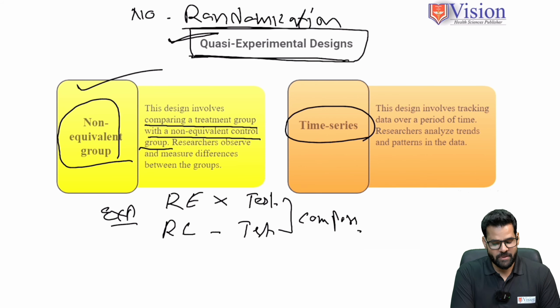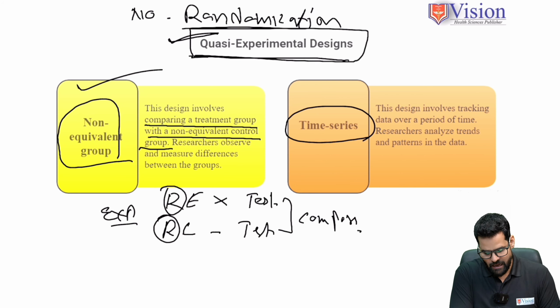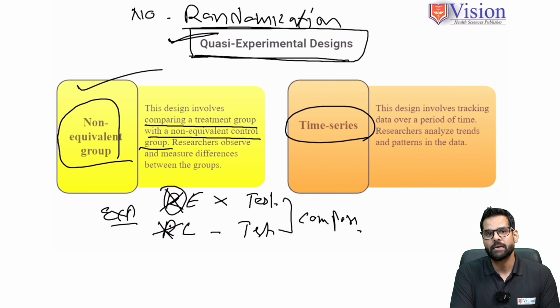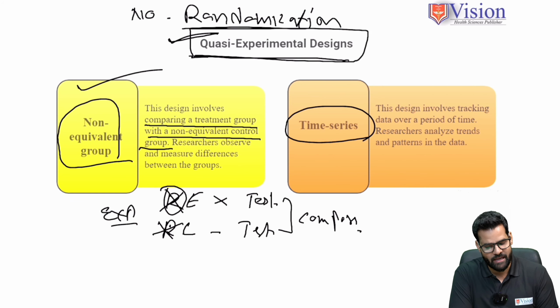Now the main purpose of this R, that is randomization, is to equalize the groups. In this particular design, this R is missing, and that is why we call it a non-equivalent control group design. The name itself says that if randomization was not done, we assume the groups are not equal.